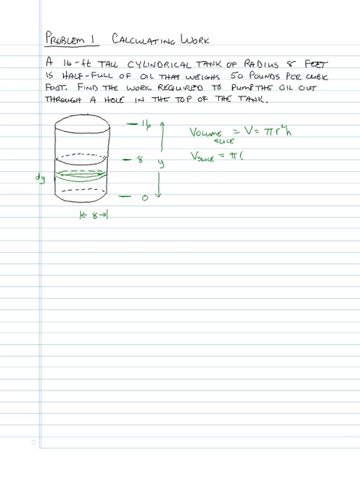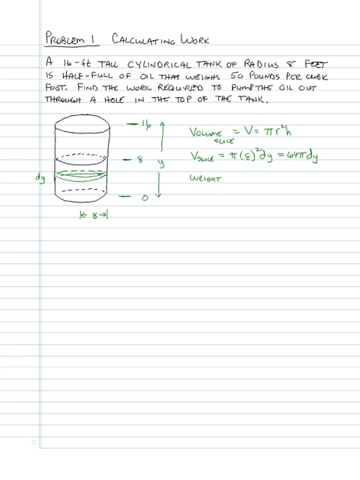Well, in this problem, the r value is 8, so that would be 8 squared. And the height of that slice is dy. So we could say that it is 64 pi dy, that is the volume of that one slice.